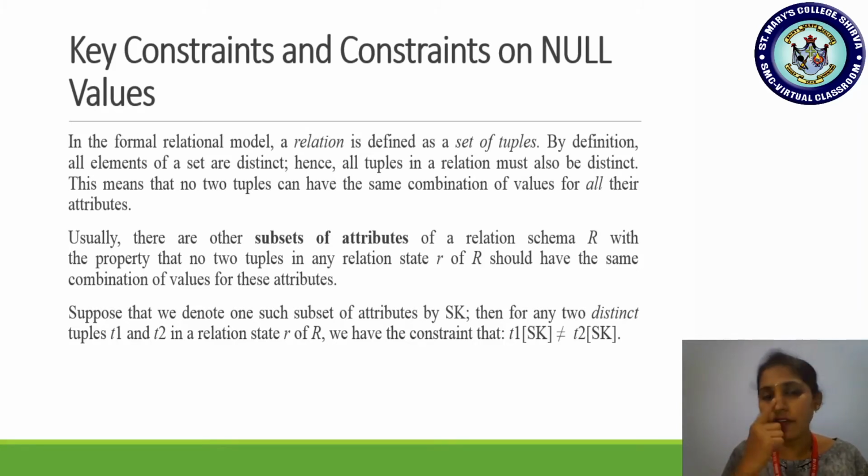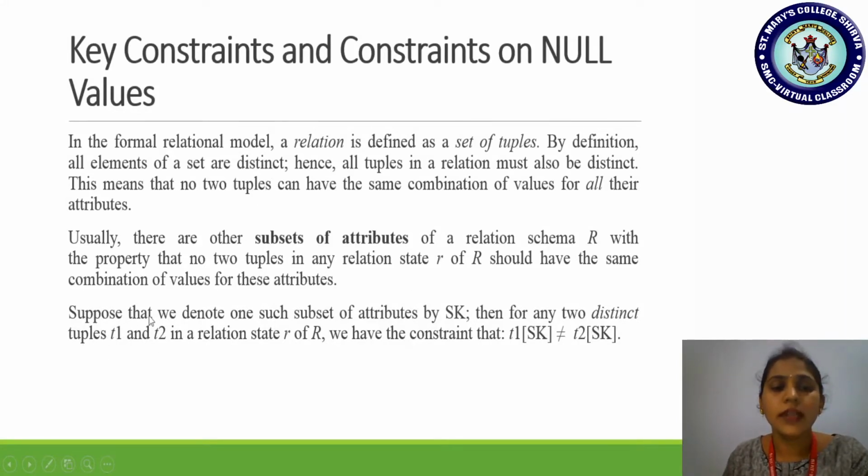Usually there is another subset of attributes of a relation schema R with the property that no two tuples in any relation state of R should have the same combination of values of these attributes. So in key constraints, there is a certain subset of attributes with the property that no two tuples should hold similar values.